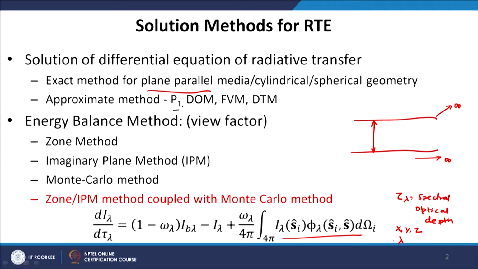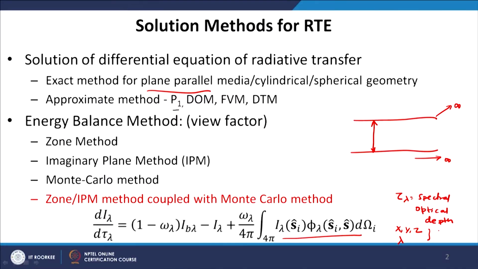So, the solution of this radiative transfer equation is not as such complicated by the spectral variable lambda. The lambda makes the solution expensive, that means we have to solve the equation for a large number of wavelengths and then find the sum.